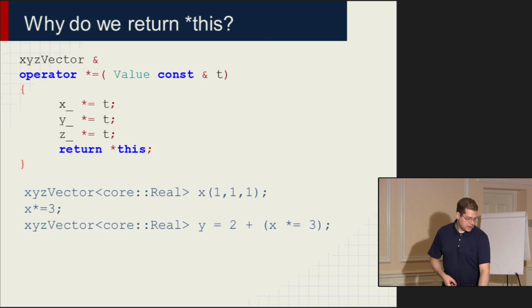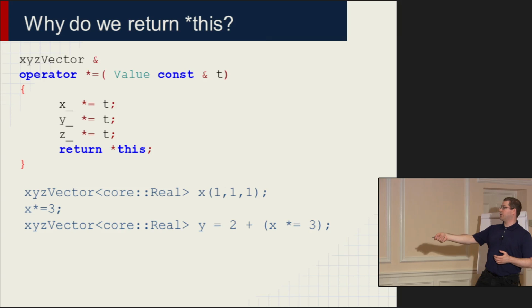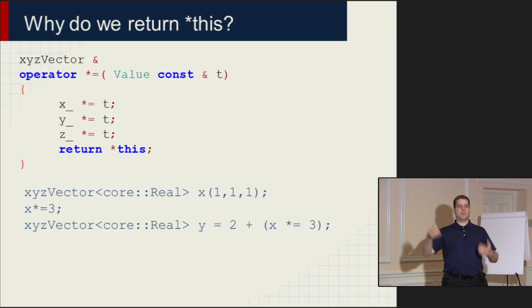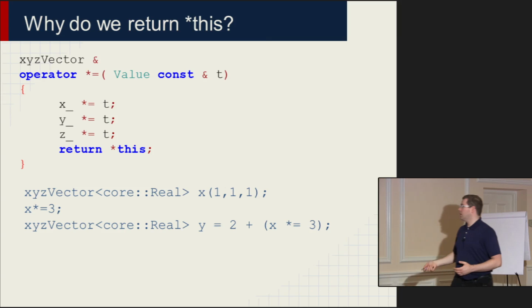And so then you'd use it like this, where you have, for example, a 1, 1, 1 XYZ vector, and then you multiply it by a scalar factor, and once that happens, you would then have the XYZ vector be 3, 3, 3, as you would expect from scalar multiplication of vectors.